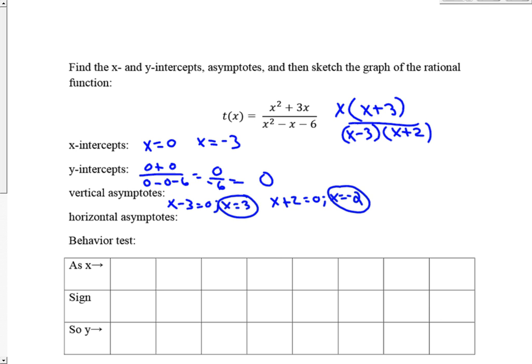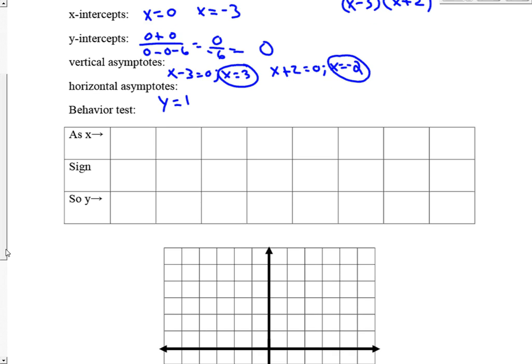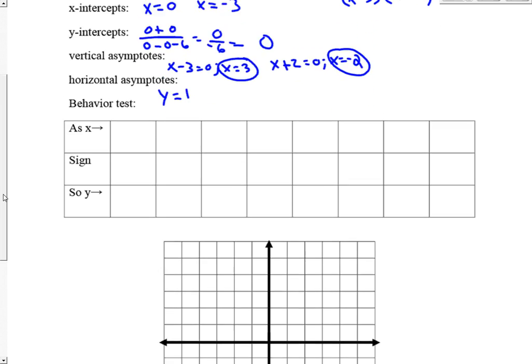Our horizontal asymptote, our degrees are equal. So we look at our leading coefficients. Our leading coefficients are 1 and 1. So our horizontal asymptote is y equals 1. All right, so then we're going to go ahead and graph those.